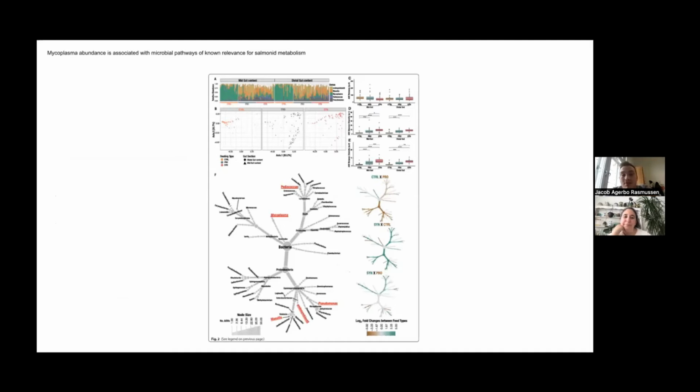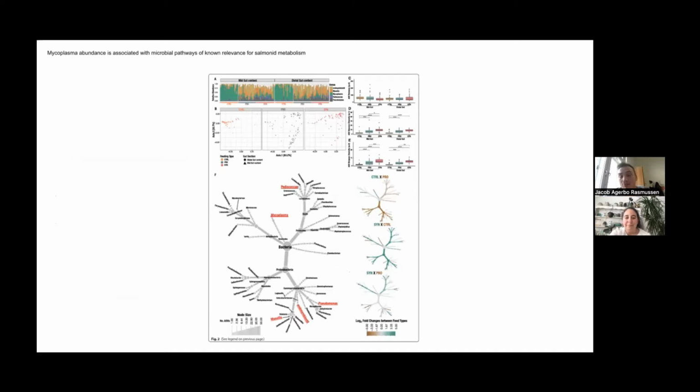Yeah, there was. We should not talk about the figures, but in front of us, for people who are seeing this, it's a very complex figure. But we did see very, very different microbiome or microbiota compositions.